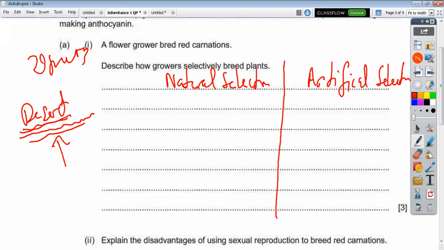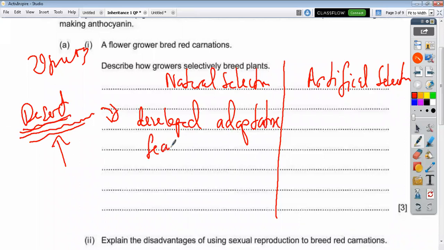Because the desert conditions are very hot, for the first years, most of them died. Clear? But some of them survived. Why did they survive? Because maybe they developed adaptive features on their skin, naturally.